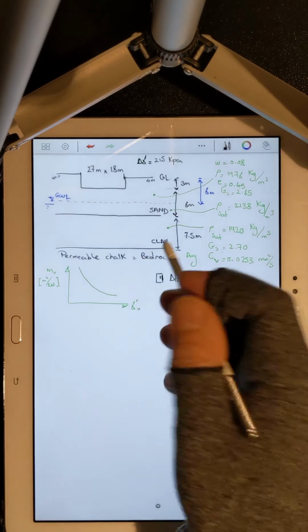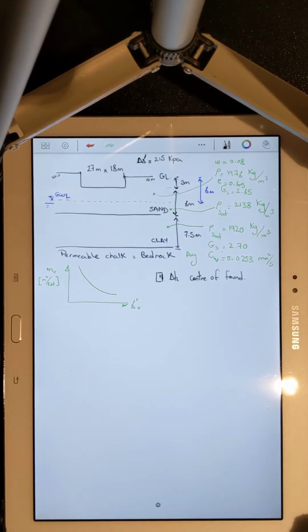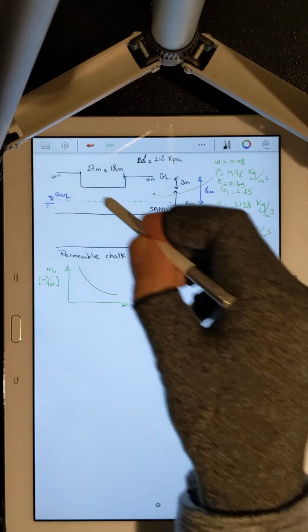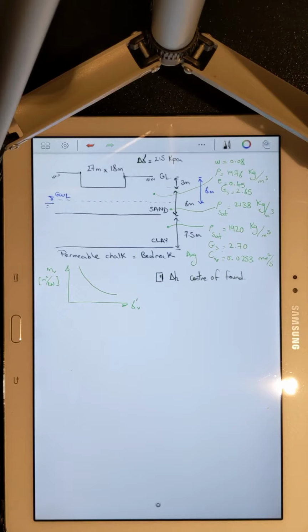We cannot determine the pre-consolidation pressure or the slope of the over-consolidated swelling line and normally consolidated virgin line. These are C sub S and C sub C respectively.